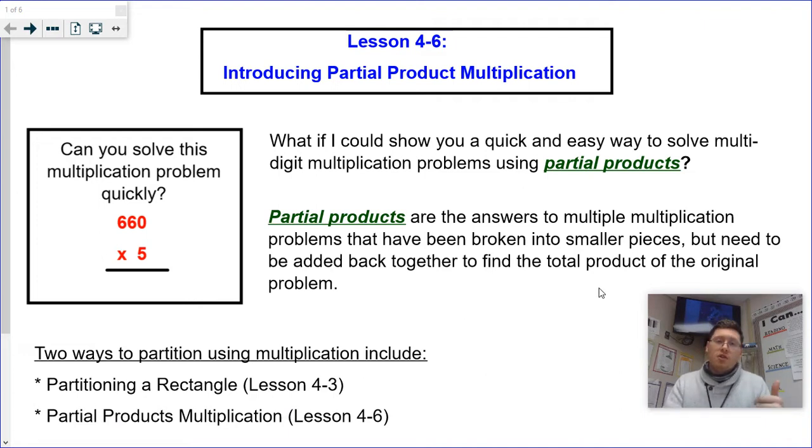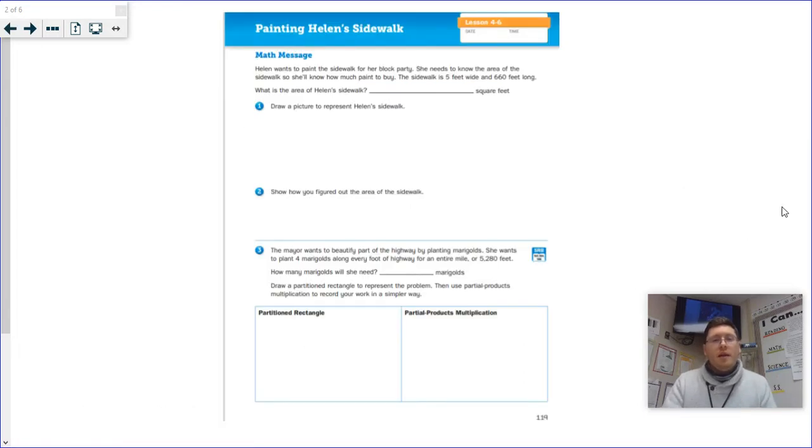All right, so let's look at some examples from your book before we actually go into the math. In this problem, it might be kind of hard to see, but that's okay. Helen wants to paint the sidewalk for her block party. She needs to know the area of the sidewalk so she knows how much paint to buy.